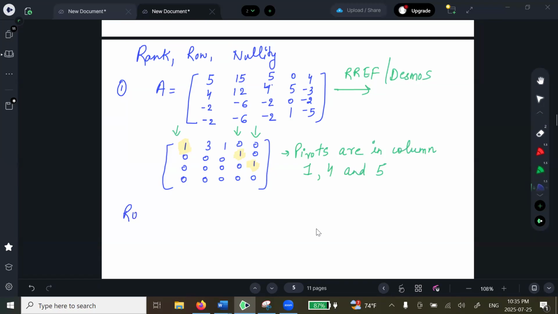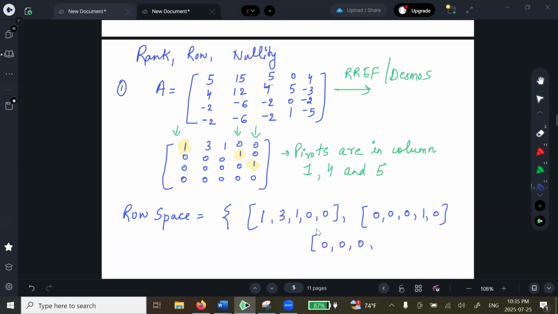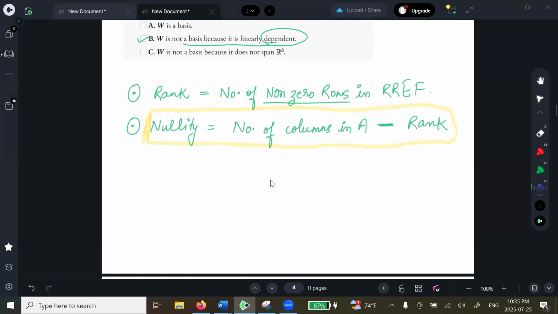Then the row space. Row space is nothing but the non-zero rows of your RREF. So 1, 3, 1, 0, 0, 0, 0, 0, 1, 0, and the last one 0, 0, 0, 0, 1. So how do we memorize it for exam purposes?